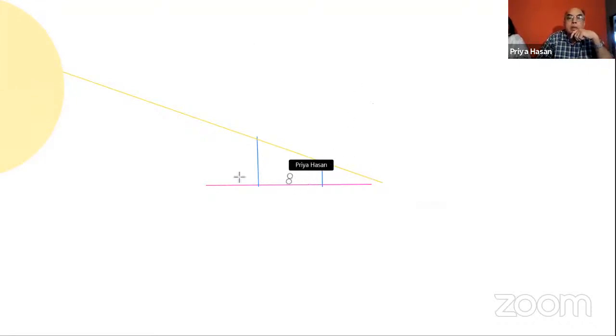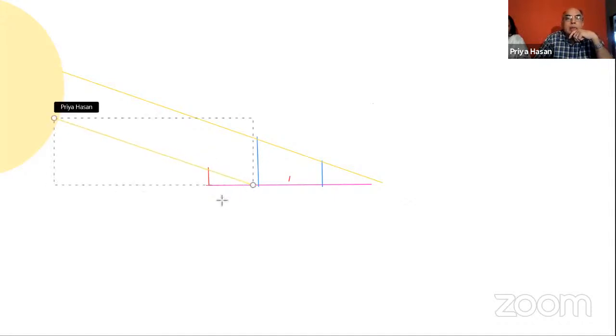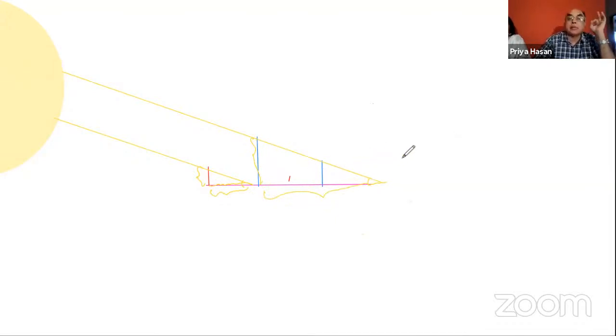If the object is smaller, basically the distance is so far that the angle which it subtends for all of these is the same thing. So if you take the ratio of the height by the ratio of the shadow, they will remain the same, right?